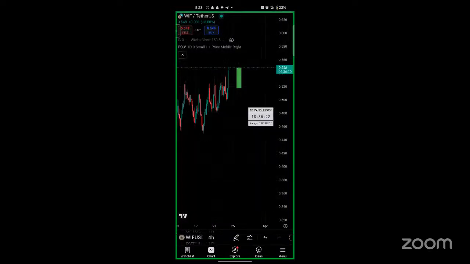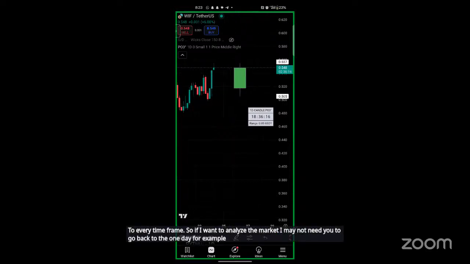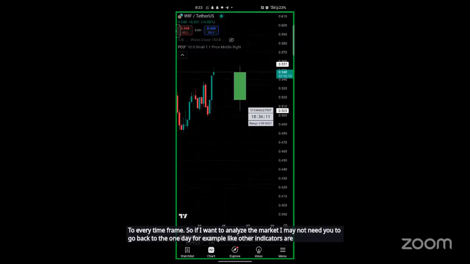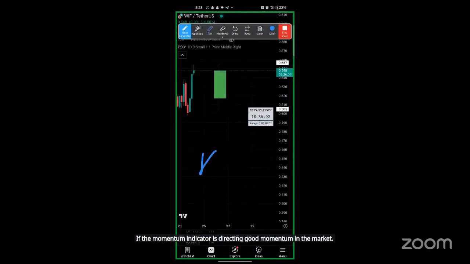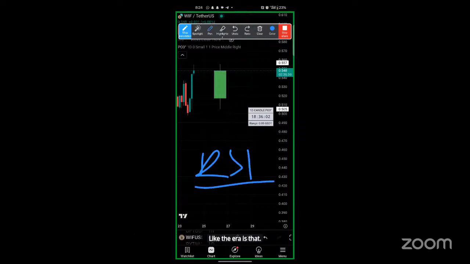to every time frame. So if I want to analyze the market, I may not need it to go back to the 1-day. For example, like other indicators are going to be introduced to you. If the momentum indicator, like the RSI, is directing good momentum in the market, is directing that the momentum of the indicator is very solid.